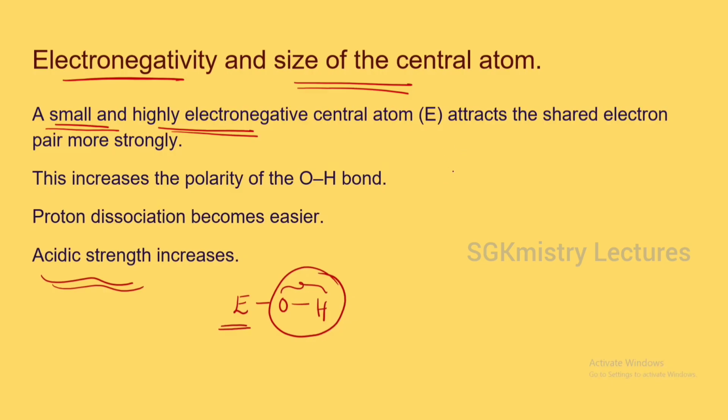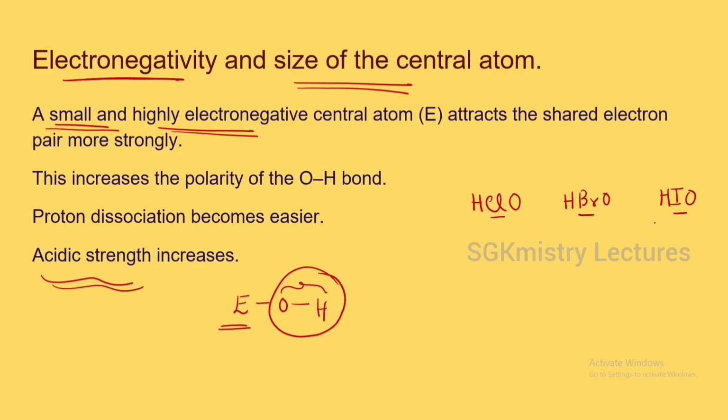The acidic character of oxo acids of halogens, let us consider it. If I take HClO, HBrO, and HIO. We know that as we move down the group, the electronegativity of the central atom decreases. Here E is the halogen. So the electronegativity decreases as we go from chlorine to iodine, right?